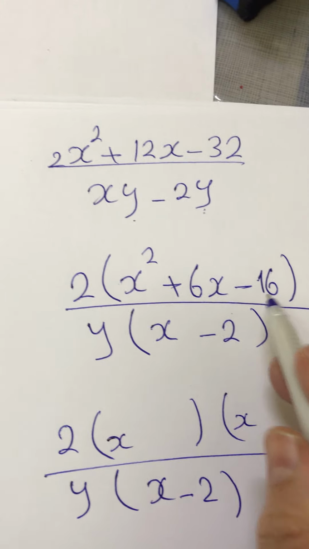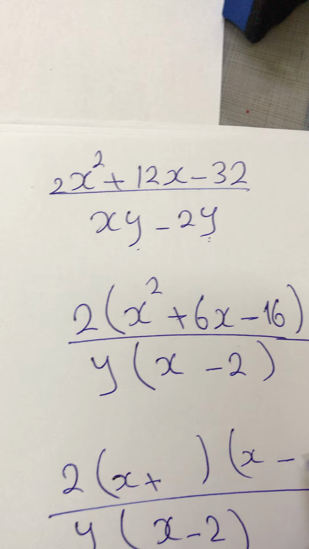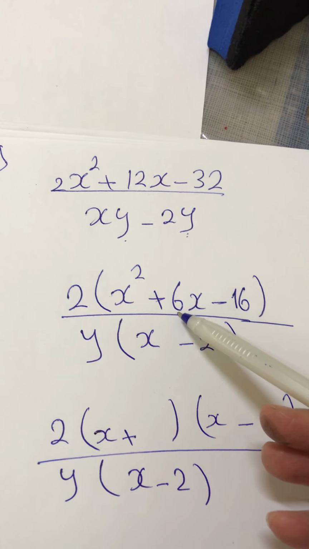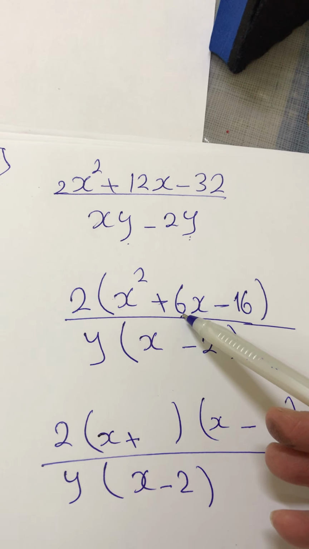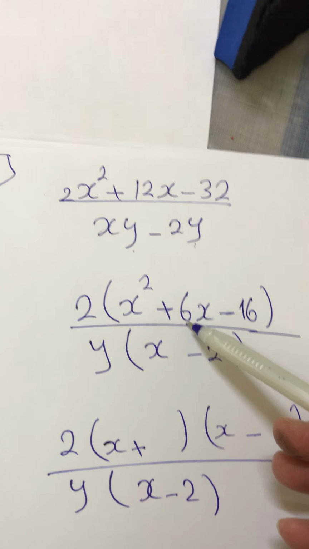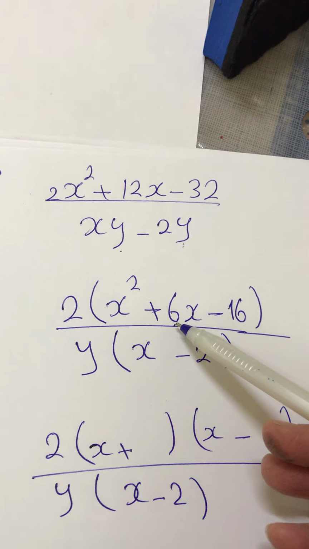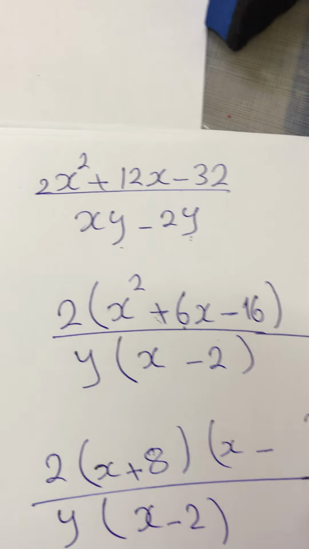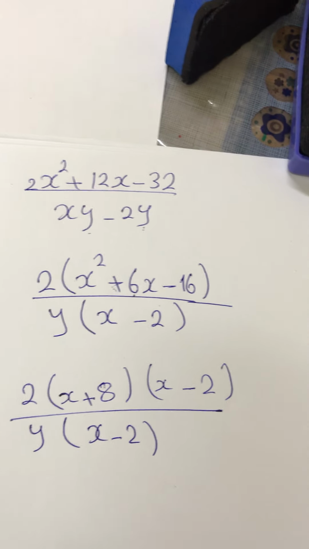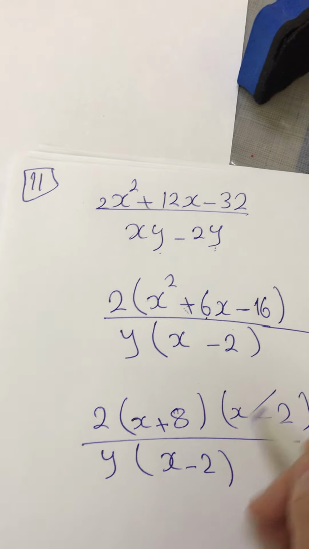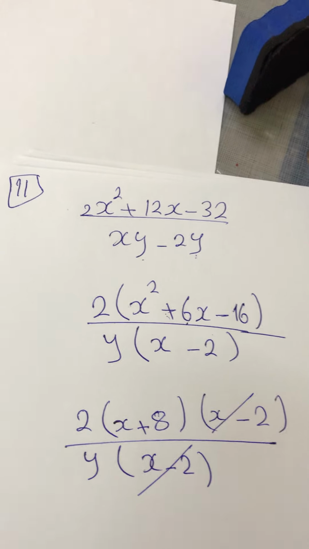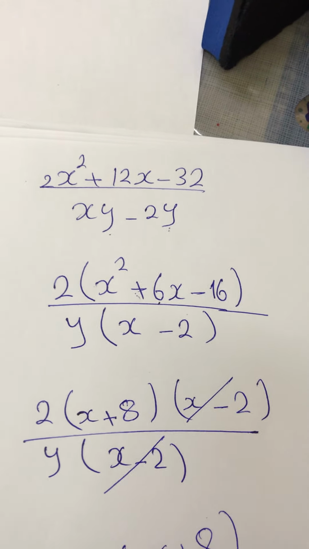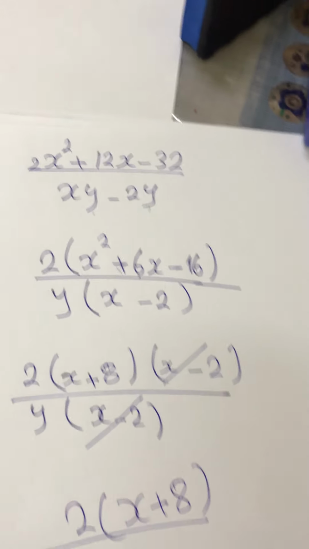And we have negative 16, so it will be positive and negative. 16 comes from 4 times 4. But I want the sum is positive 6, so it will be 8 and 2. The 8 will take the sign of the middle, so it will be positive, and 2 take the negative sign. Now I have x minus 2 cancelled with x minus 2, and the final answer is 2x plus 8 over y, like this.